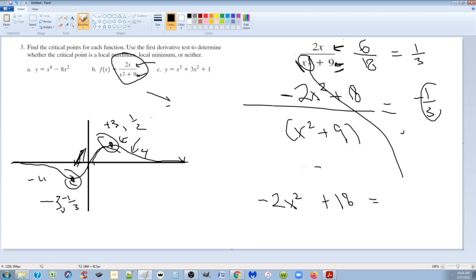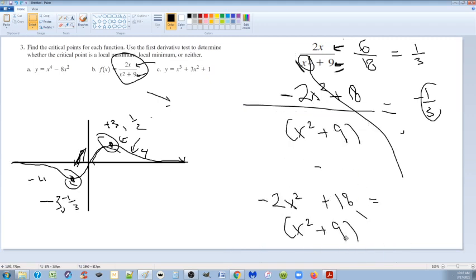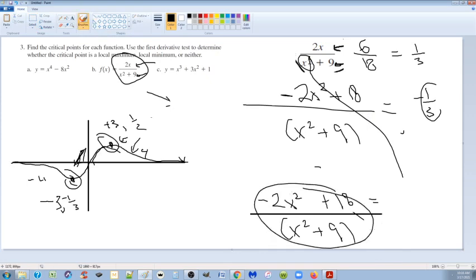Actually, you can't ignore the denominator, because when you set it to a value, now the denominator plays a role. You can see how long it'll take doing this method. So if I set this to 0, I get 18 over 9, which is positive 2, which means my slope is positive going through this.